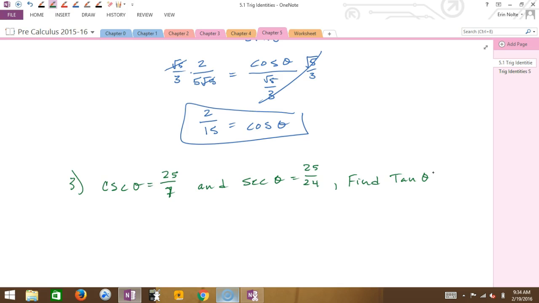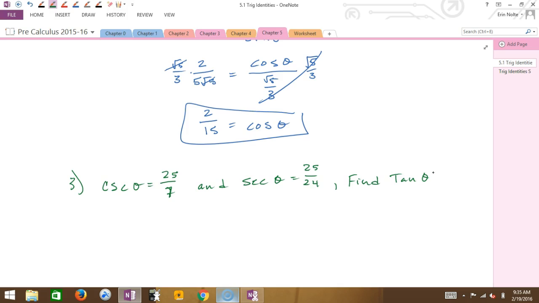Is there a tangent identity that could involve something we could do with a cosecant and a secant? If tangent is equal to sine over cosine, could we somehow manipulate the given cosecant and secant so that we can use those?